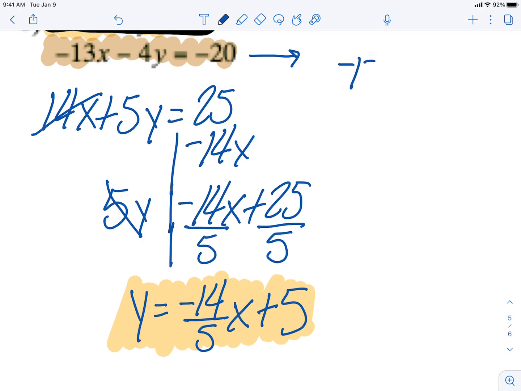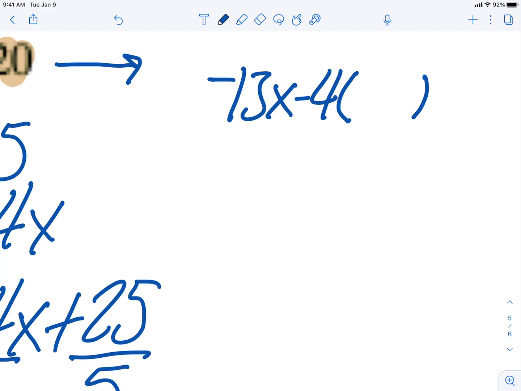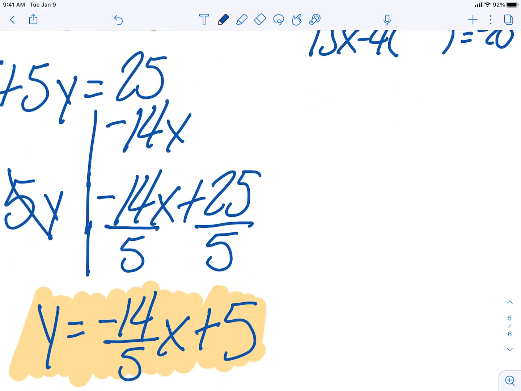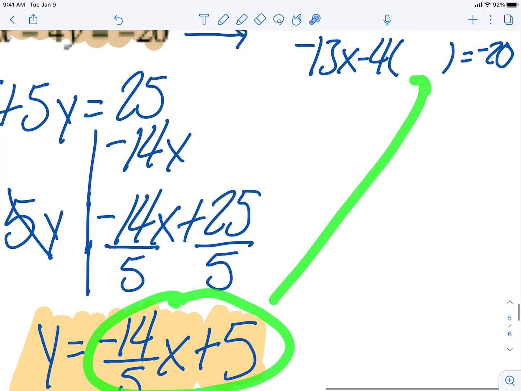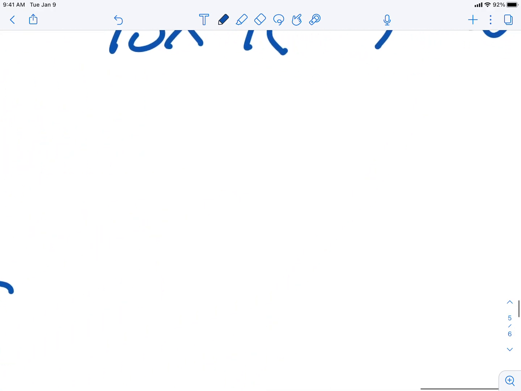Negative 13x minus 4 times y in parentheses, like that, equals negative 20. Well, my y, kiddos, is this right here, and that's going to go right in there. Look at that. Fraction and all.